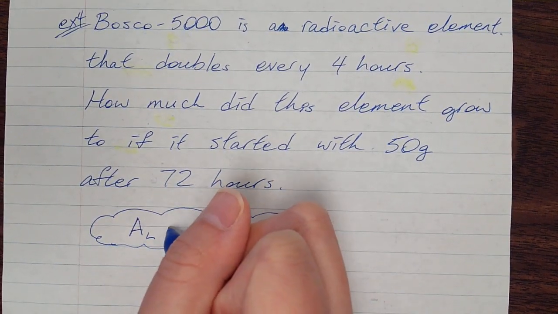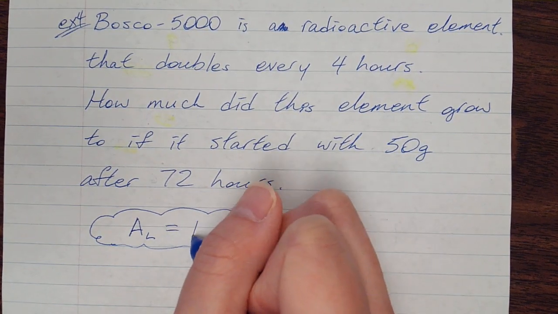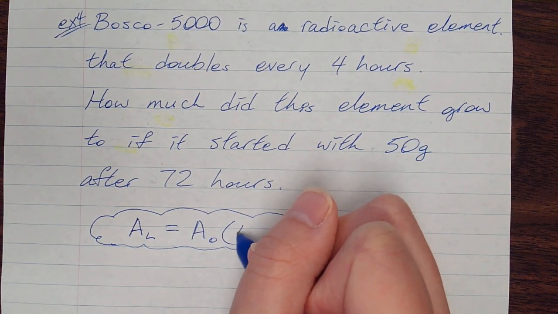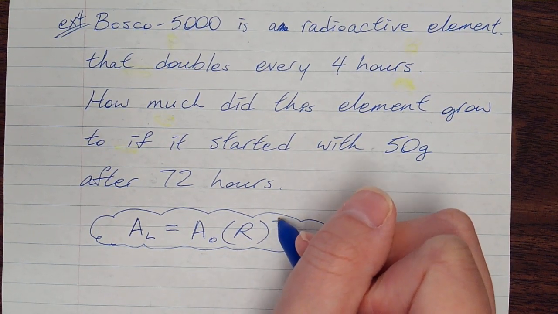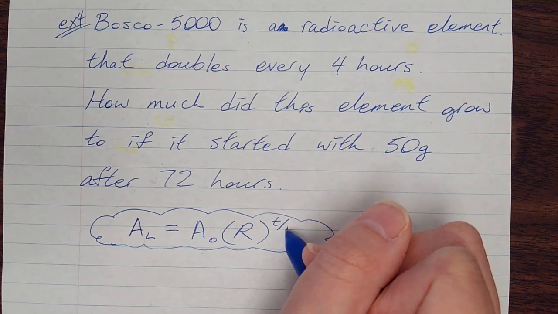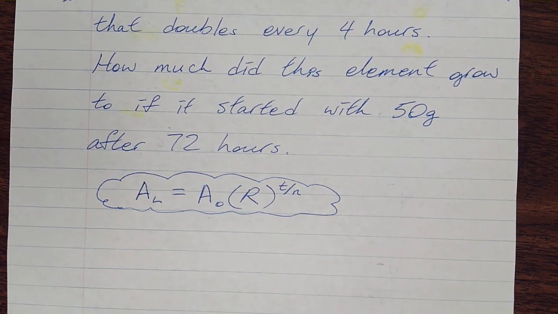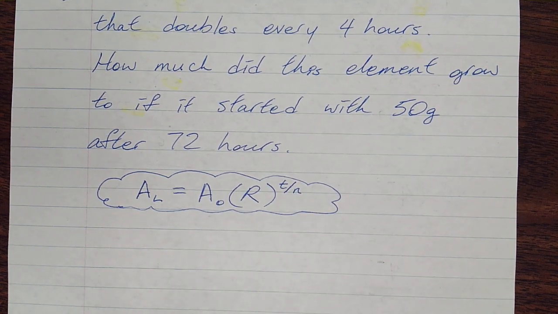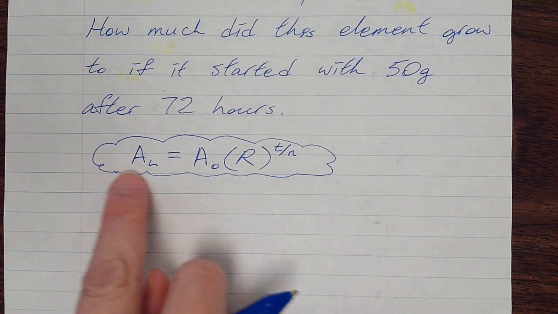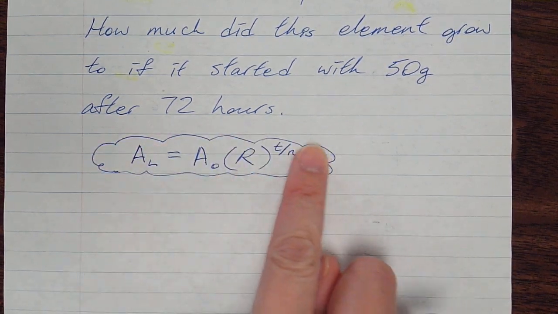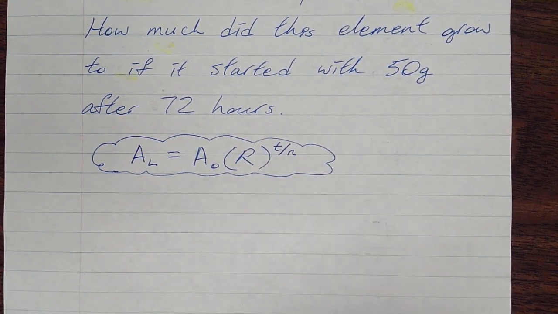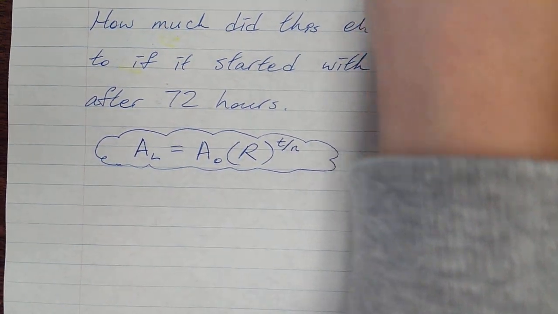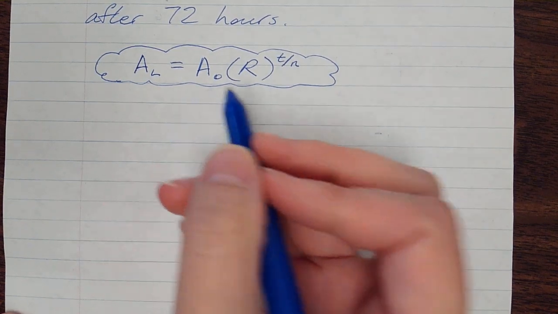A equals A0 bracket R and then T slash N over N. Yeah. All right. So there's only one formula you need to memorize with this quiz. Not a lot, just this. Later on in grade 10, you'll have to memorize all formulas. So better start preparing.